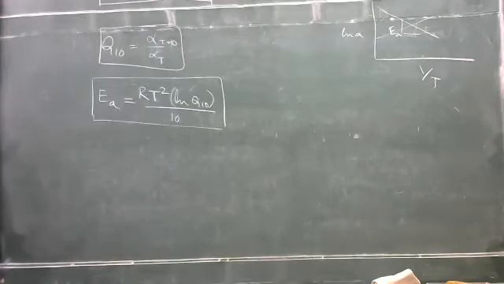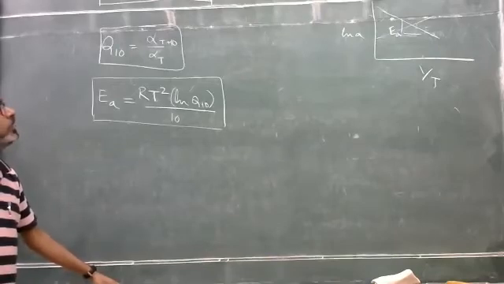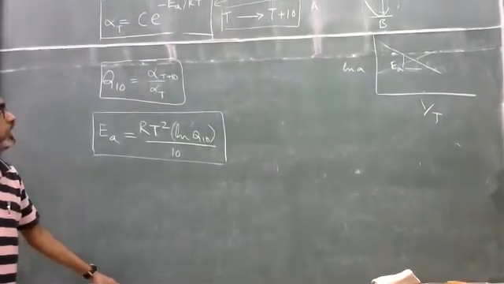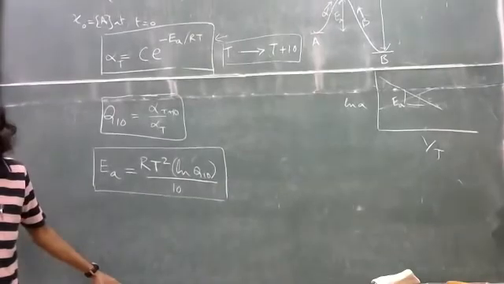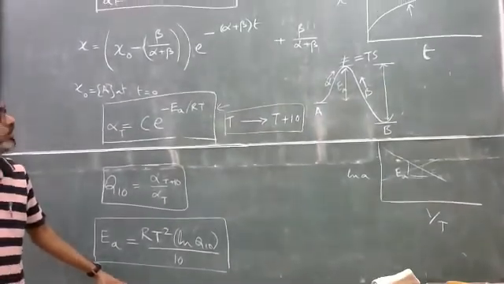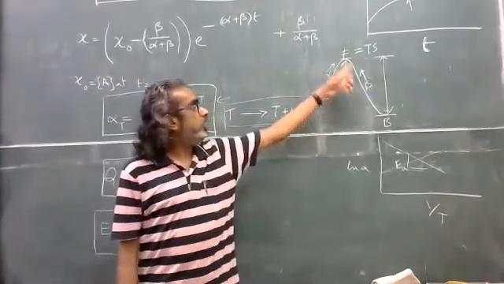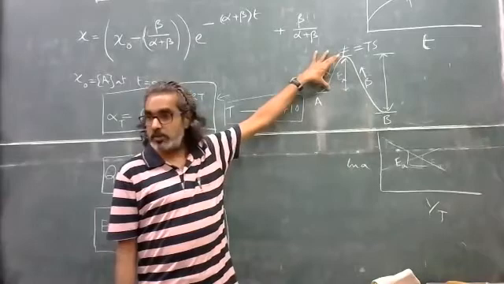Excuse me, sir, this activation energy, is this the change in activation energy when we go from temperature T to T plus 10, or is it the activation energy at the temperature T plus 10? Activation energy is independent of temperature. Let's say we have a reaction A plus A going to B. Activation energy is constant.